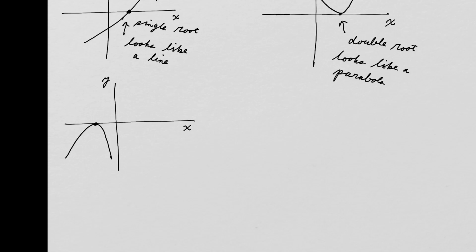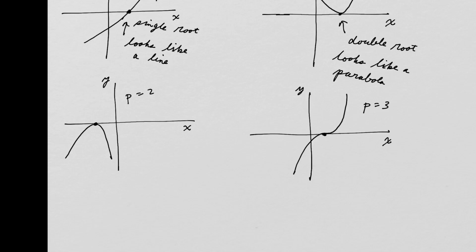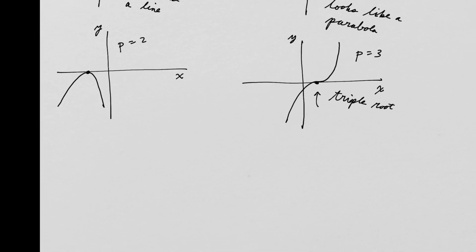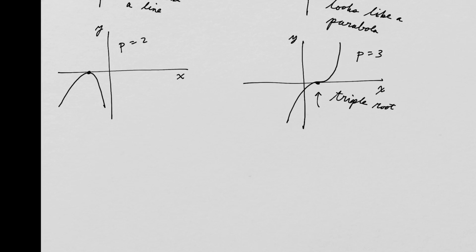And then the other case is, let's say I have p equals 3. So at that 0 right there, p is equal to 3. Then I have a triple root. And what's always going to be true, it'll look like a cubic function.